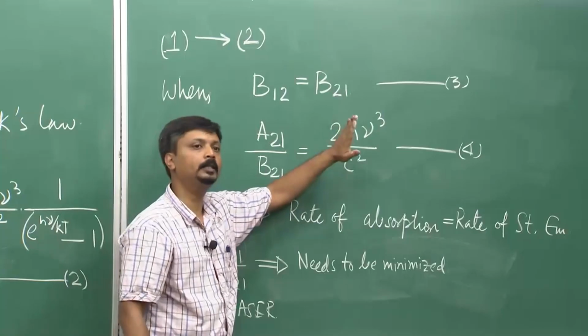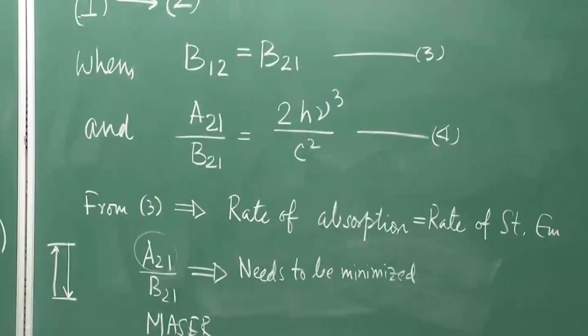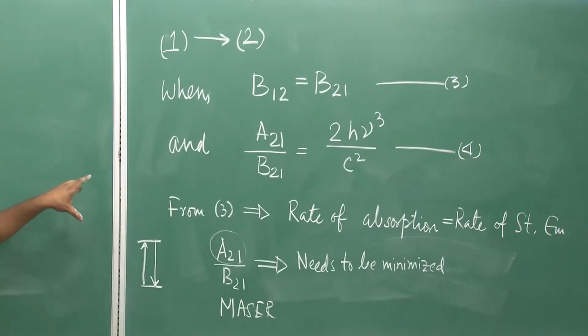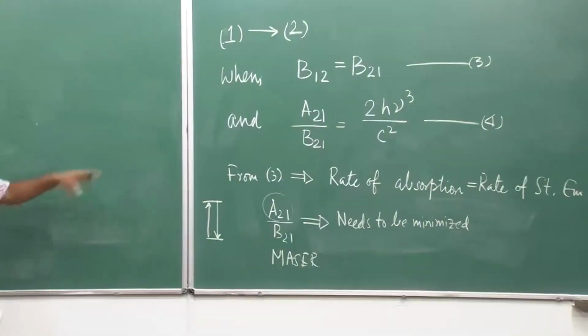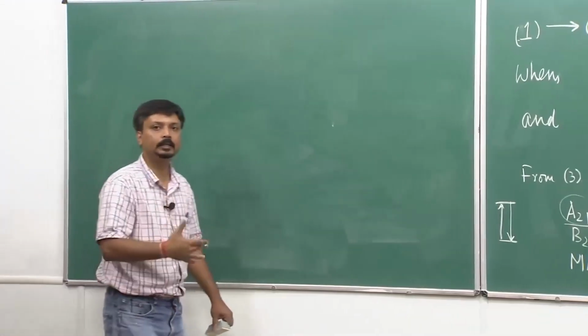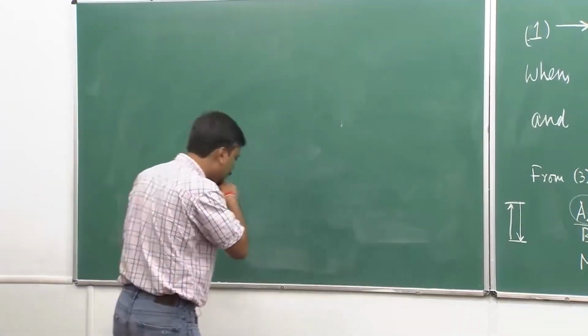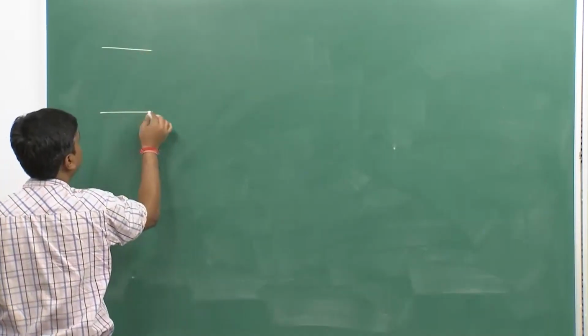So, what I said in the first class is now well explained. All right. Now, we have learned to some extent about stimulated emission and how we can possibly increase it. At this point, let us consider the two-level system once again.